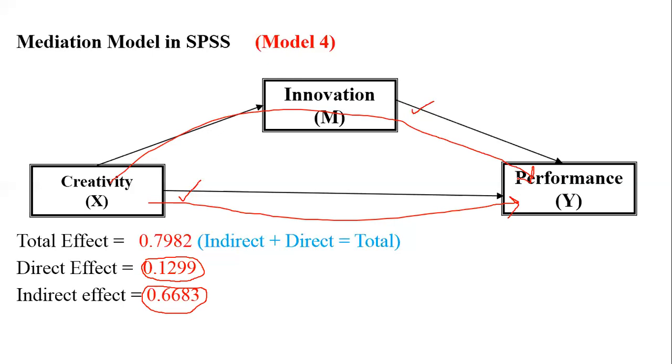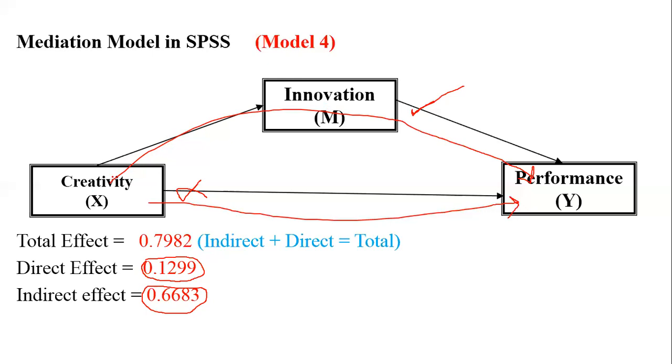But let's suppose we have this path significant in our analysis, but this path is insignificant, then you can say that it is a full mediation. Now, why are we saying that? Because now there is no direct relationship, and all the effect that is being transmitted from IV to DV is through the mediator.